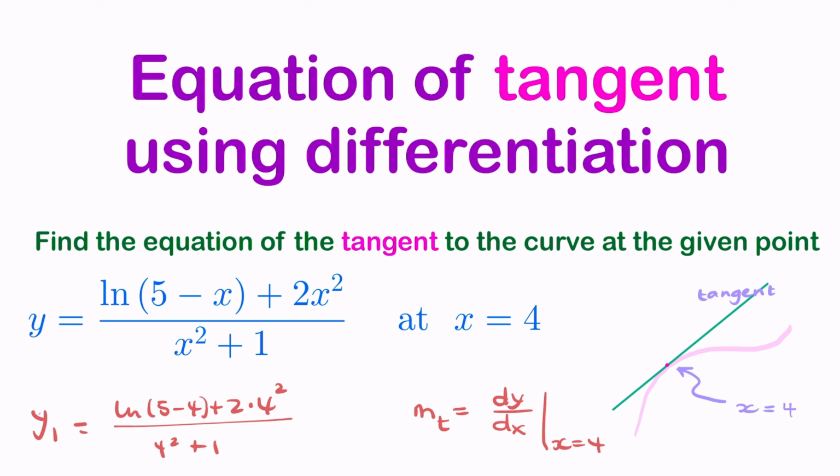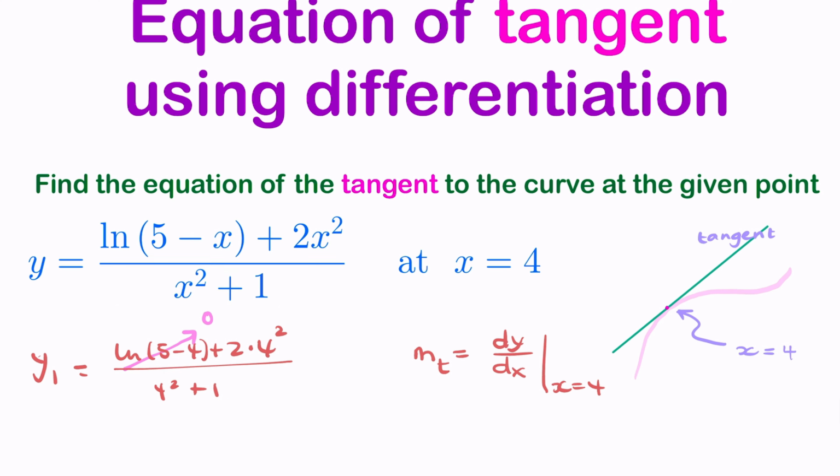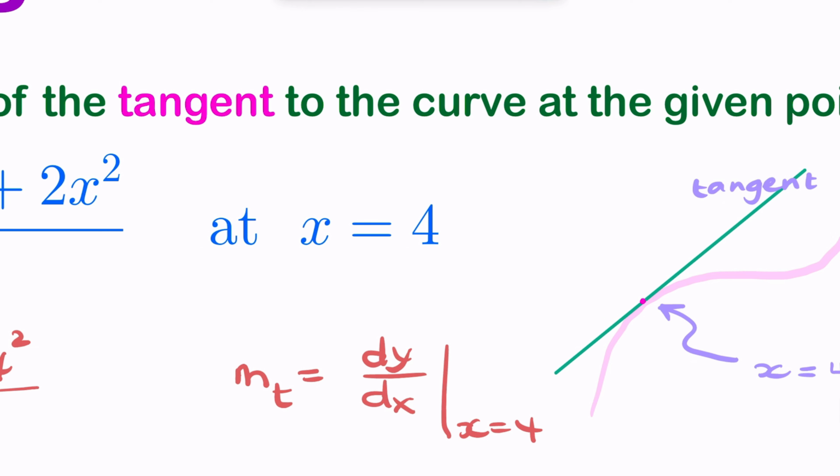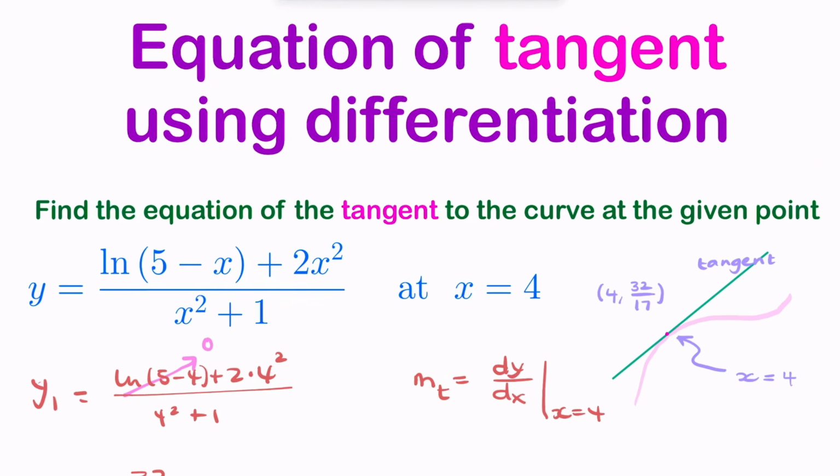So ln 1 is 0, and there you have 16 times 2 is 32 over 17. So y1 is 32 over 17. So we can label this point as 4, 32 over 17. So that's the easy bit out of the way.